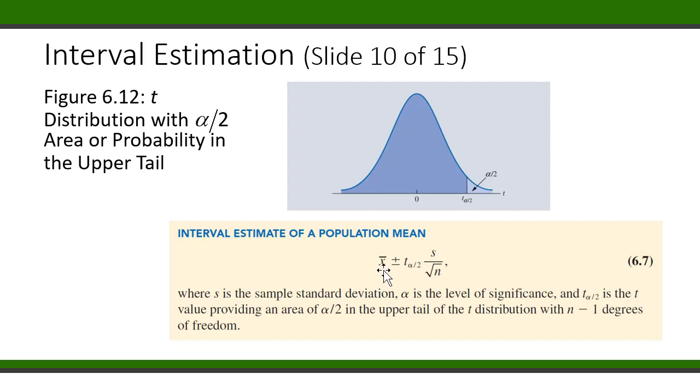That's, again, what we calculated as the sample mean plus or minus t alpha/2 times s divided by the square root of n. It tells you what all of those letters mean below. So s is the standard deviation, n is the sample size, and you will have degrees of freedom of n minus 1.